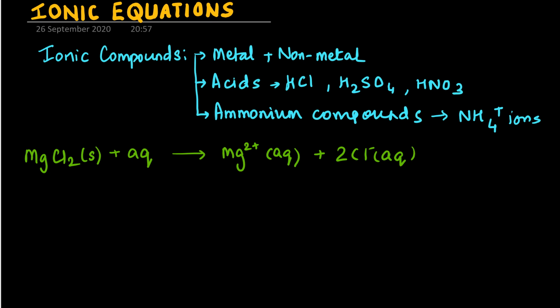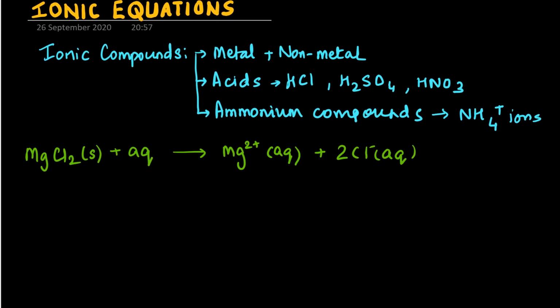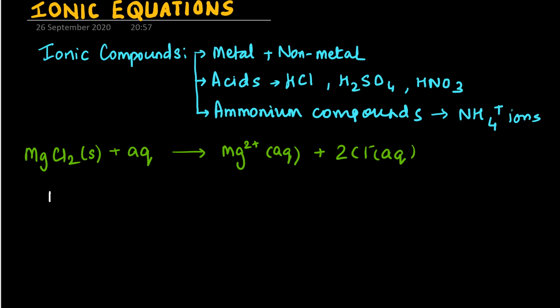One more thing I can tell you is, look at the bonding that is present in MgCl2. The atomic number of magnesium is 12, and the electronic configuration is 2,8,2, and chlorine is 2,8,7.